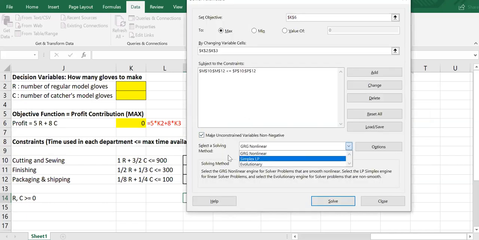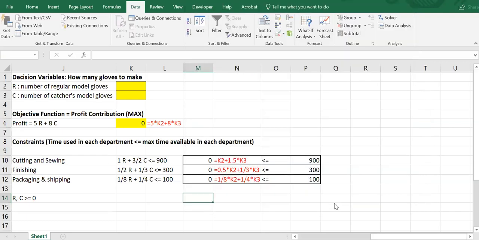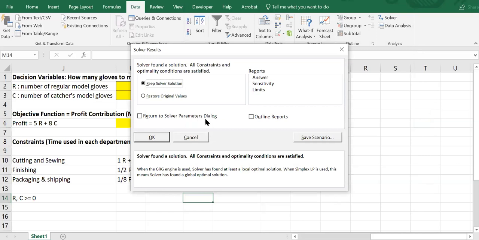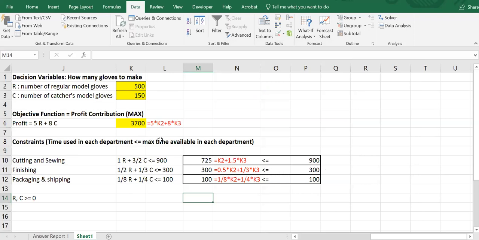The solving method is going to be Simplex LP, and I think that's it. So go ahead and solve it. Let's also get the answer report.